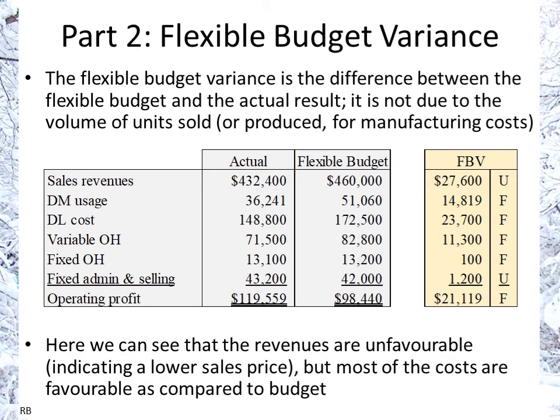They're down by 27,600. That would be indicative of a lower sales price because we have the same number of units sold. So it's not because of the number of units, it's definitely because of the sales price. Most of the costs, as you can see here, though, are favorable. And that results in a net favorable amount of 21,119.